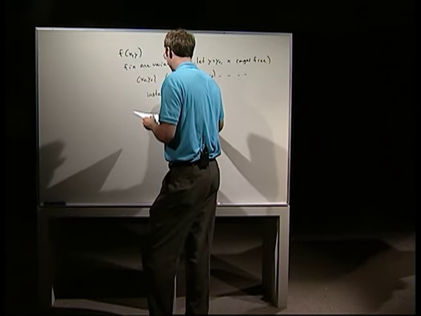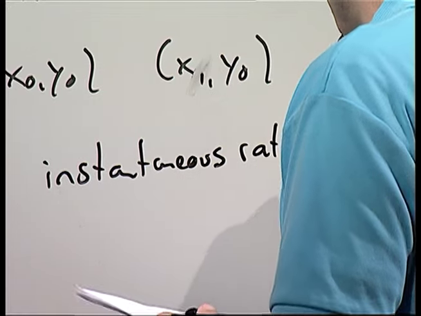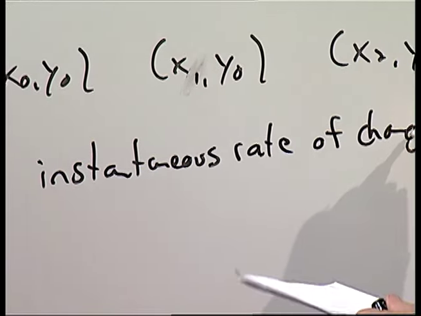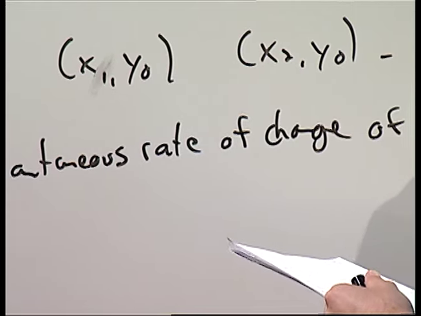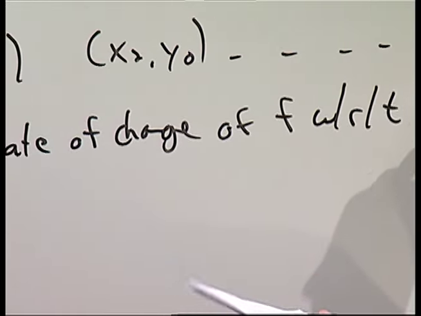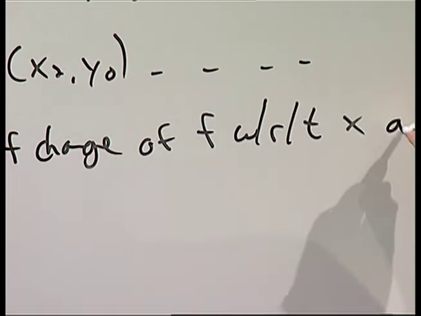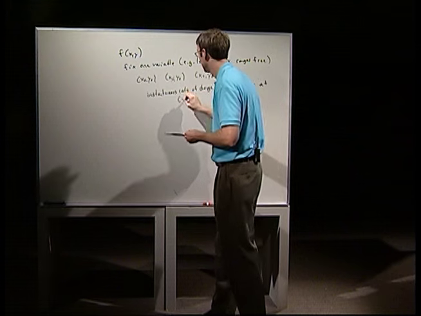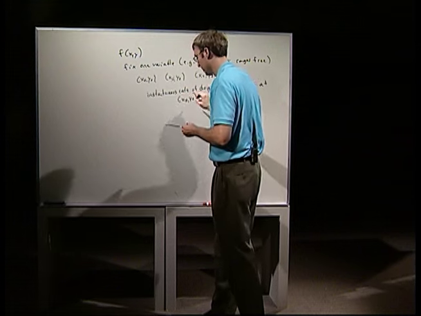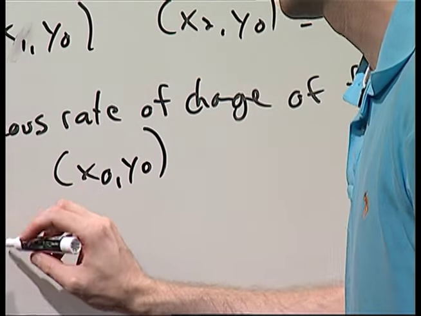I care about the instantaneous rate of change of f with respect to x, so WRT, with respect to x, at a point (x0, y0). How do I get it?